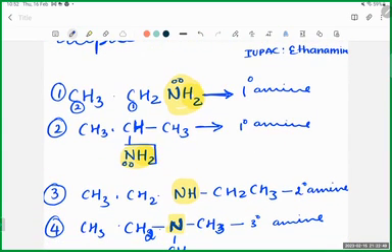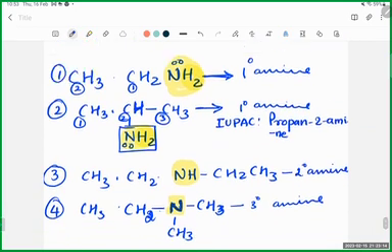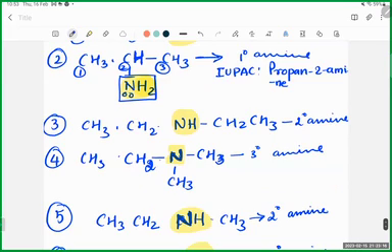The least position will be given to the functional group. No problem, left or right, any side you can go. So 2-propanamine, or propane-2-amine you can call it, isn't it? Yes, ma'am. Is it clear, Hridaya?